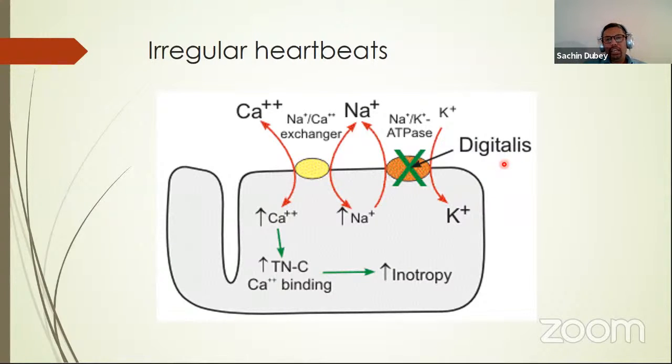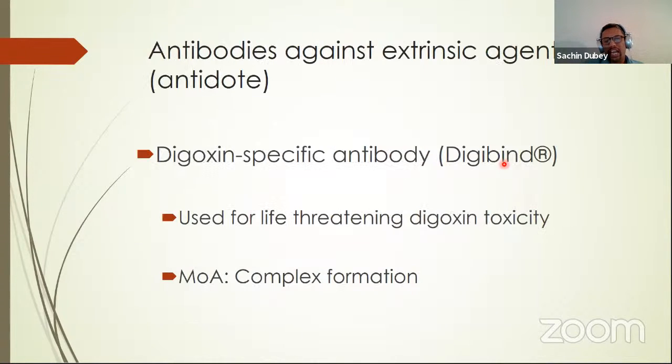But if the wrong dose of digitalis is given, then we are in trouble. It's a similar situation as we have with insulin versus glucagon. If a higher amount of insulin is given, you need to have glucagon to compensate for it.